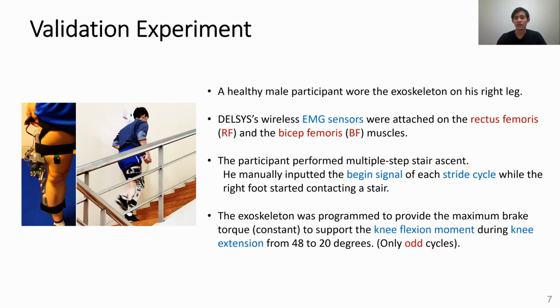And the Exo will support only the odd cycles, which means in the first, third, and fifth cycle, the Exo will support. On the second and fourth cycle, the Exo won't do anything and lets the participant walk freely, so that we can compare the result with and without the Exo.